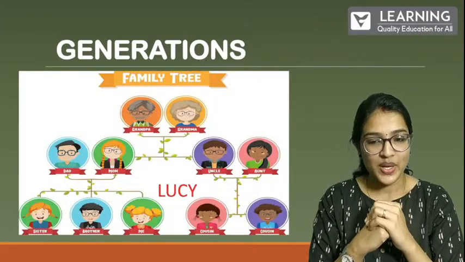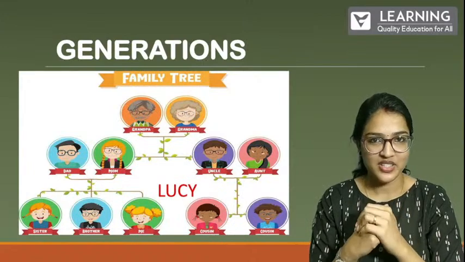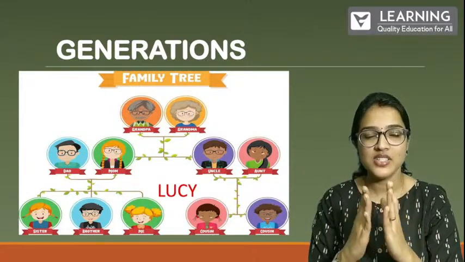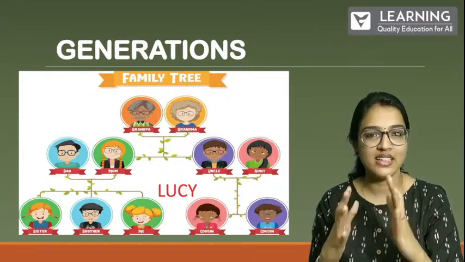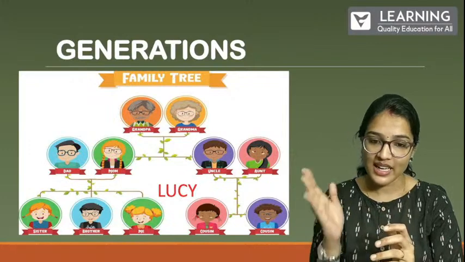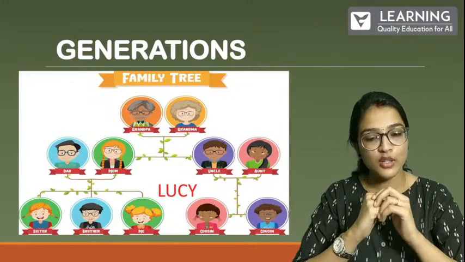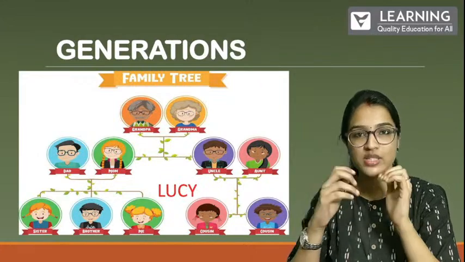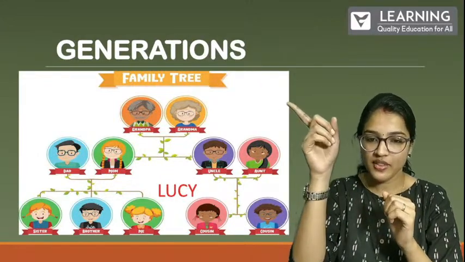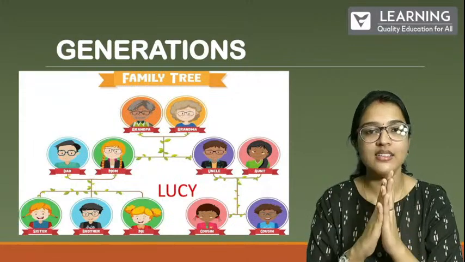Now, the next thing we have to learn is generation. As I told you, from a family tree, we can easily identify how many generations are there in that family. Again, I have taken the example of Lucy. Let's see how many generations are there in Lucy's family. The first one is grandpa and grandma.